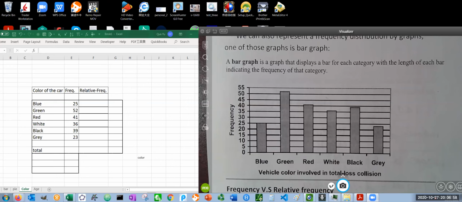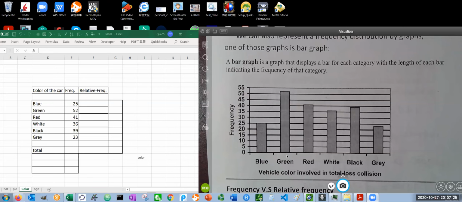In this case, the first column. So when you use a bar graph to represent frequency distribution, the horizontal axis is always equivalent to the first column, and the vertical axis is always for the frequency. If you read these bars, you can see the blue one has a height of 25, and if you recall, the frequency for blue car is 25.